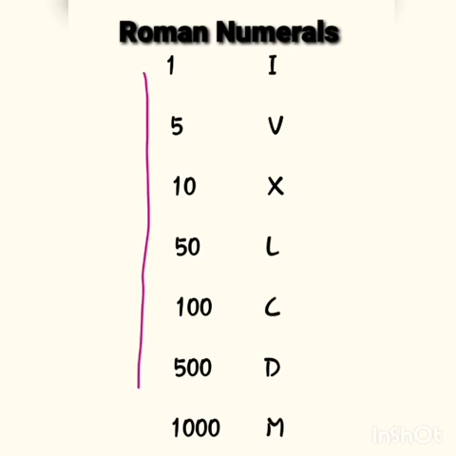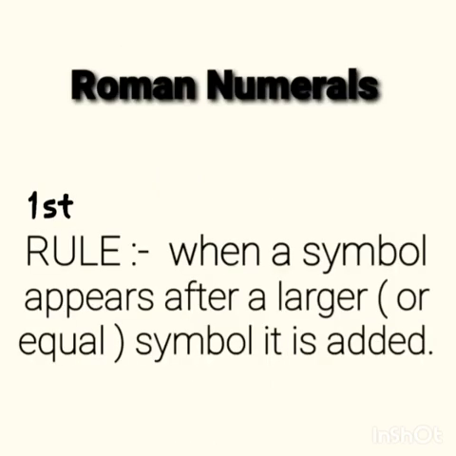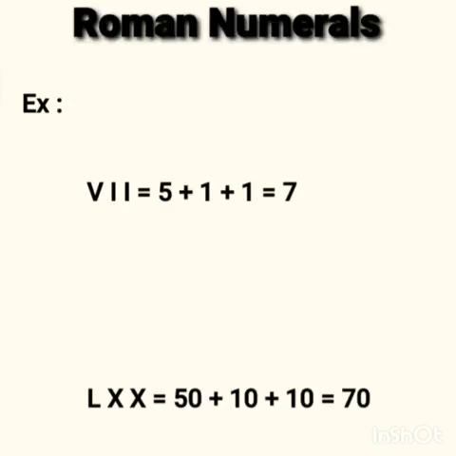So how will we solve the Roman numerals? There are some basic rules which we have to follow. The first rule of Roman numerals: when a symbol appears after a larger or equal symbol, it is added. I have written some examples. So I have underlined some letters. First is V, then I, right?